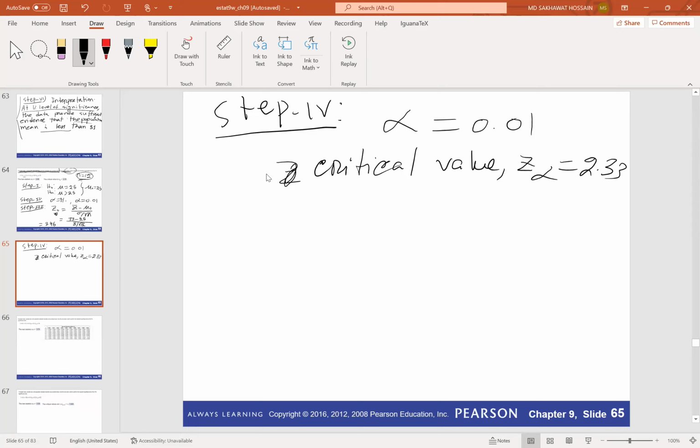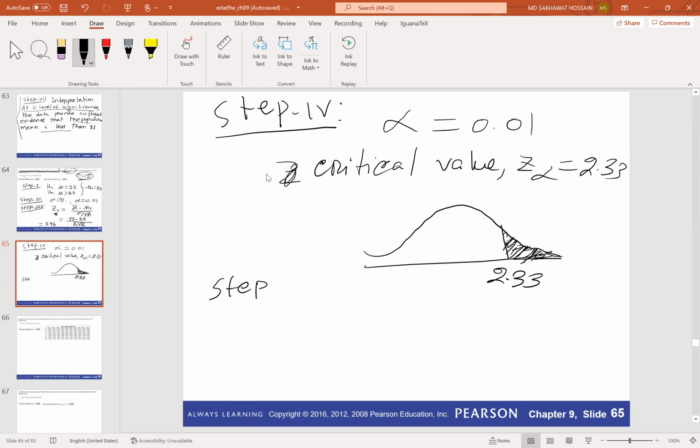If you look at the probability 0.01, you will get negative 2.33. But since this is a right tail test, we consider the positive value because our critical value will be on the right side. So it is 2.33. And this region, on the right side of 2.33, is the rejection region.